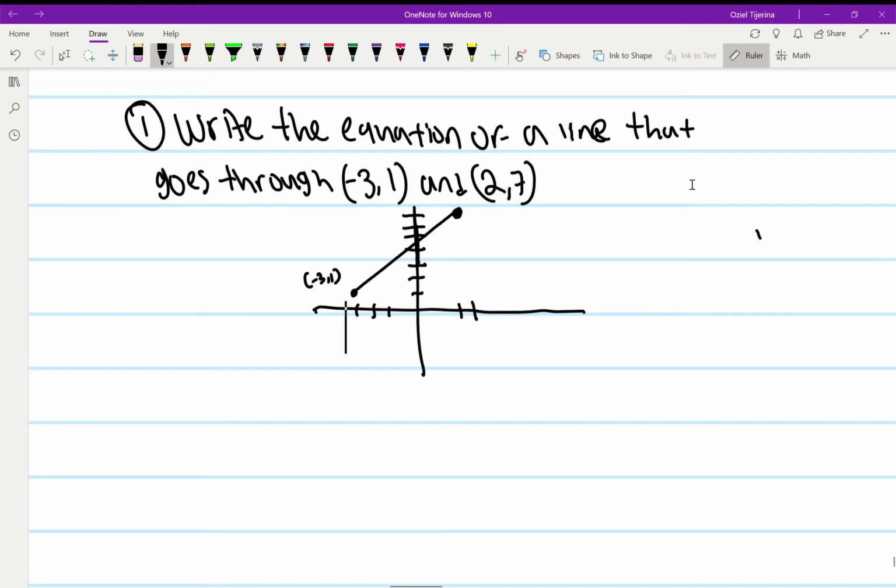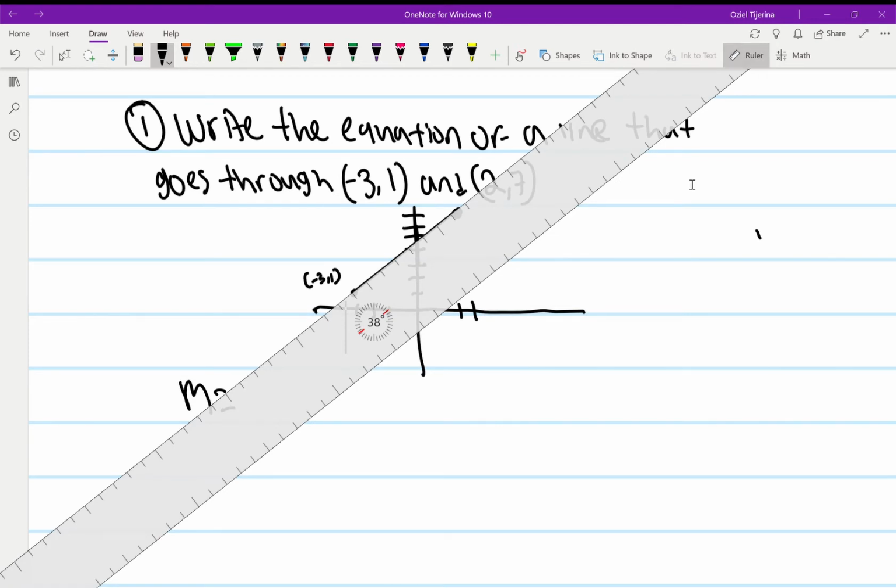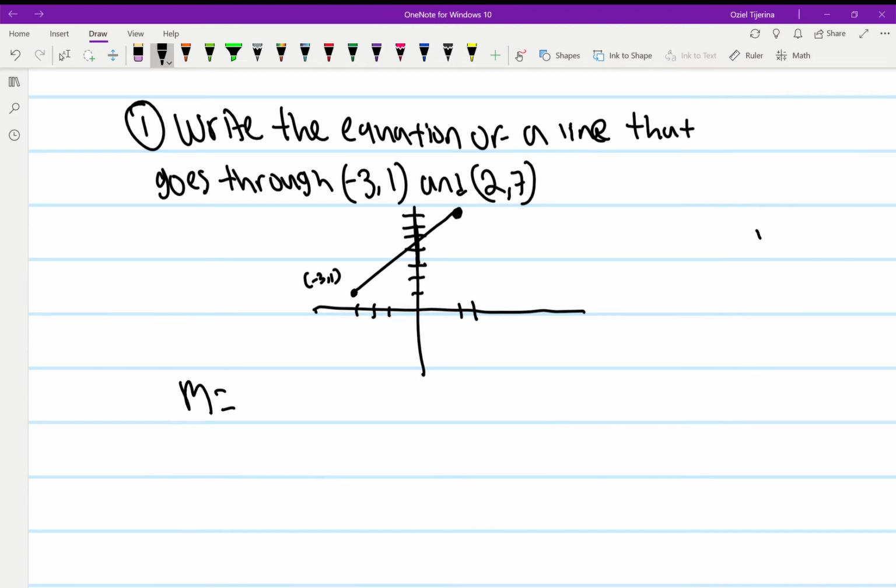So the first thing that you're going to do is use your slope equation, right? So you have m equals y2 minus y1 over x2 minus x1. I can color code this.